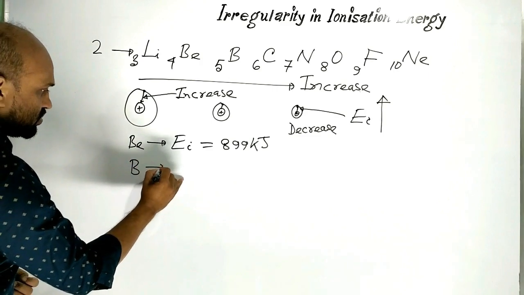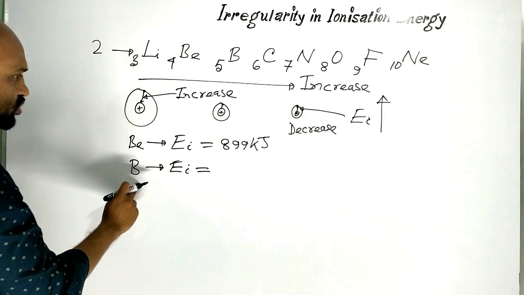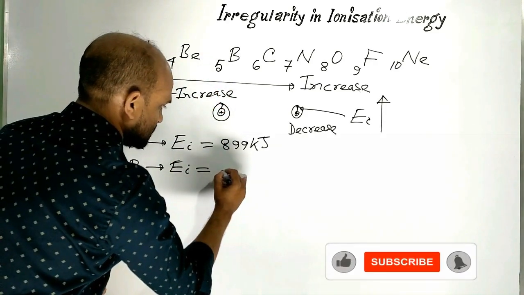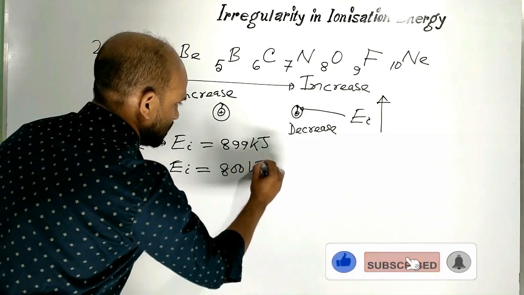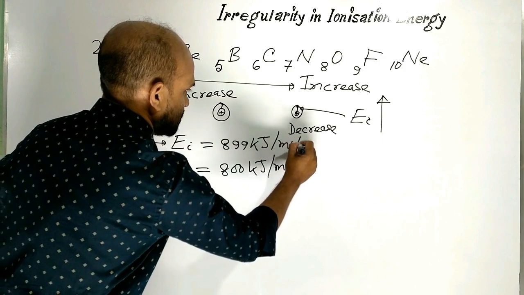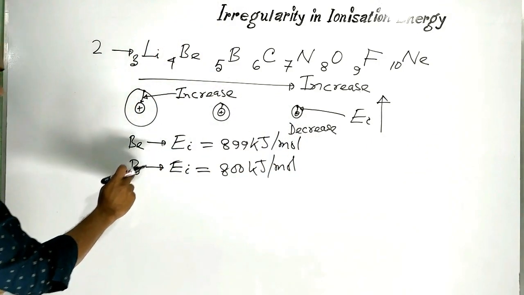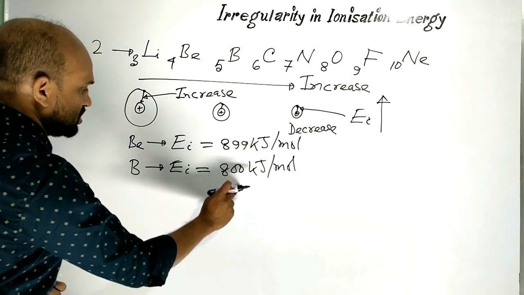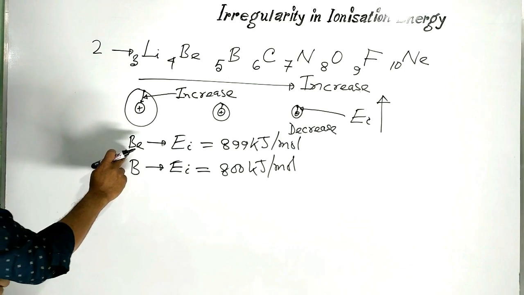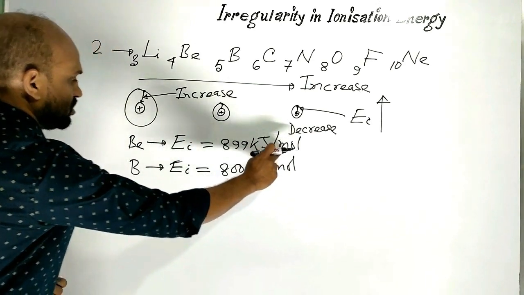So, ionization energy of boron should be higher than beryllium, but actually ionization energy of beryllium is higher, that is 899 kilojoule per mole.